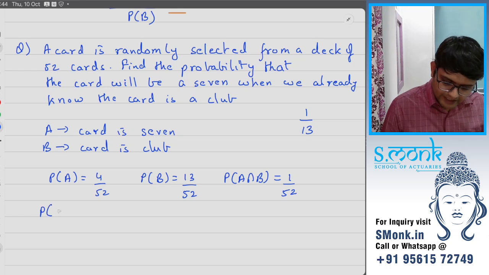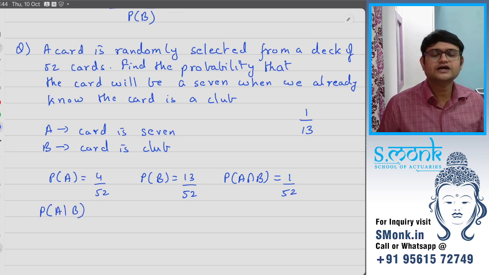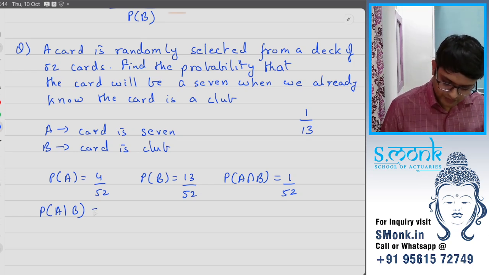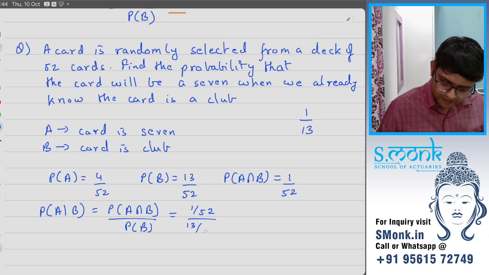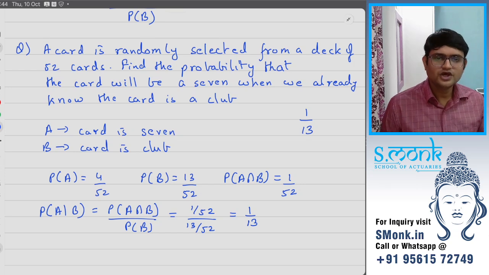If I want to find probability A given B, that is probability that the card is a 7 given it is a club, it would be probability A intersection B upon probability of B, 1 by 52 by 13 by 52, and we get the answer 1 by 13. So this is how we calculate the same thing mathematically. This is conditional probability. We are going to use conditional probability a lot throughout our CS1 course.